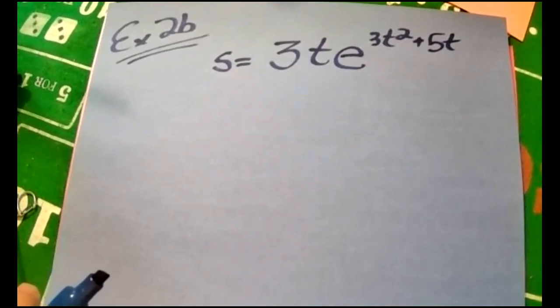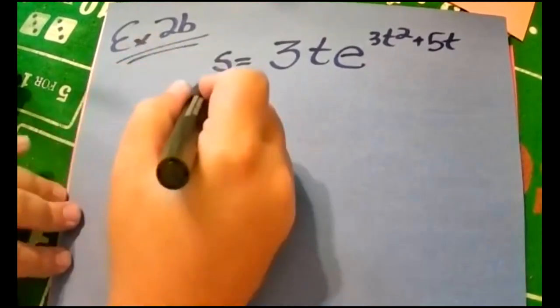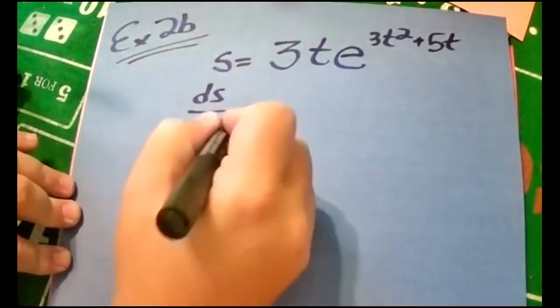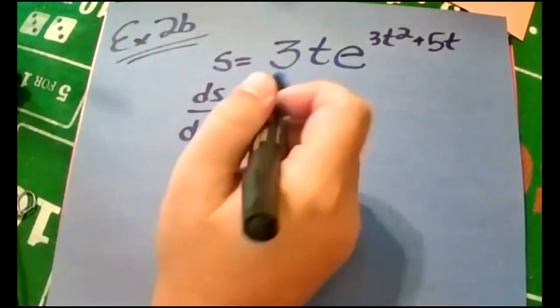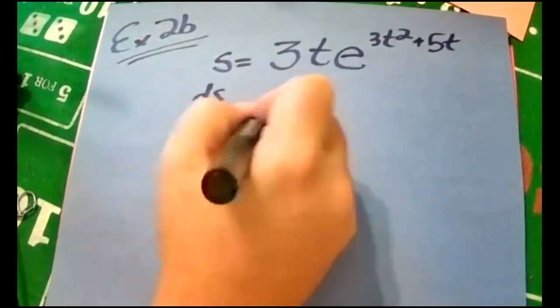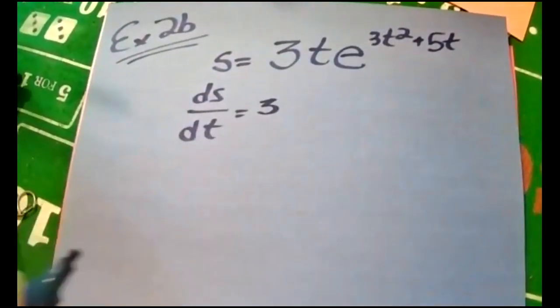Now, what they're asking you to do is find ds dt, which means ultimately take the derivative. I'm going to start with that 3, write it in there just the way it is because of the constant rule, I can forget it.